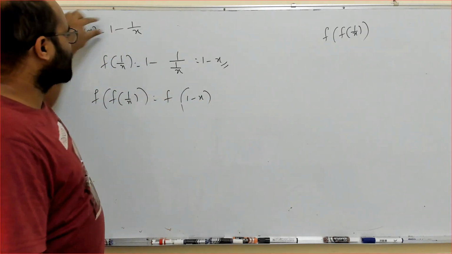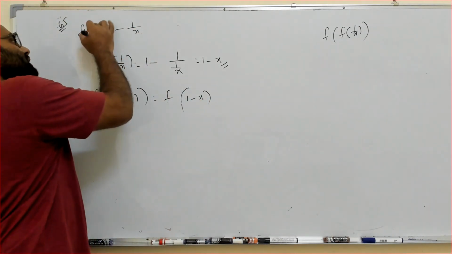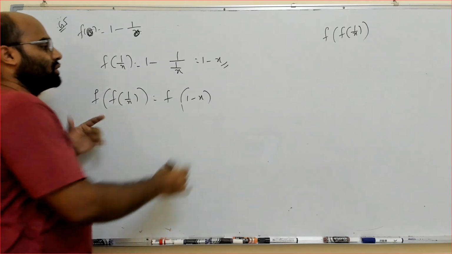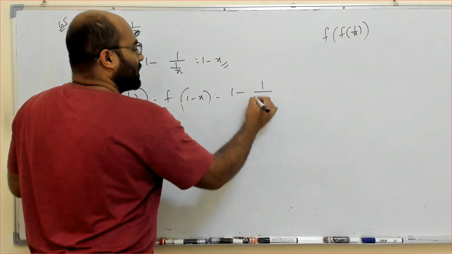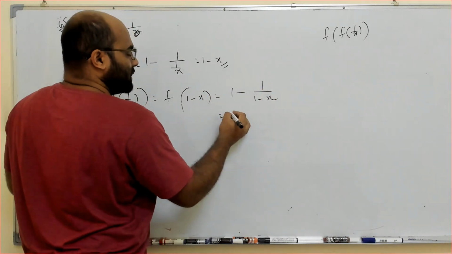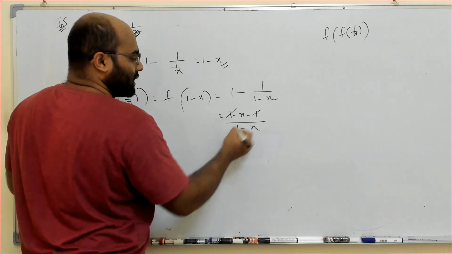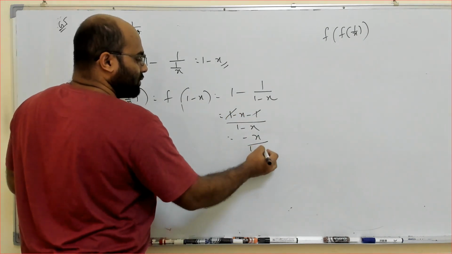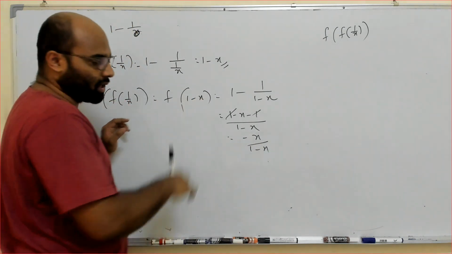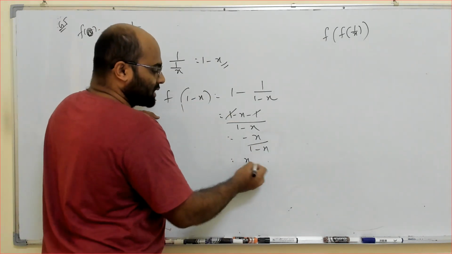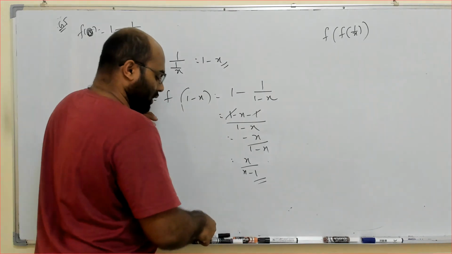Now f(x) is this one, so whatever is coming can be replaced here. So this is 1 - 1/(1 - x). Take LCM: (1 - x - 1)/(1 - x). 1 cancelled, so -x/(1 - x). If you bring the minus down, it is x/(x - 1). I hope you understood it.